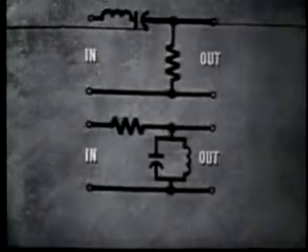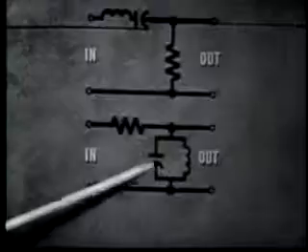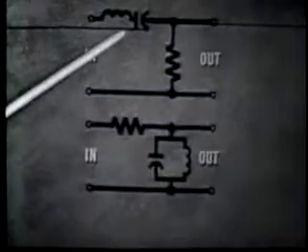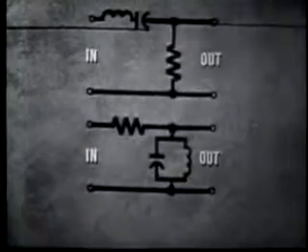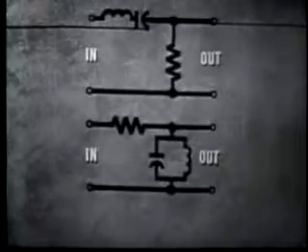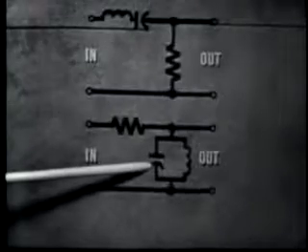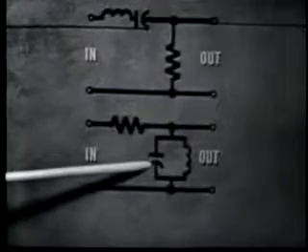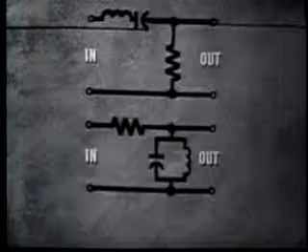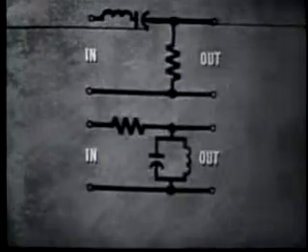Actually, the parallel tank works just opposite to the series tank. Now, both these circuits function as band pass filters. A series tank circuit in the series position or a parallel tank circuit in the shunt position serves to pass a band of frequencies around resonance, reject all others.